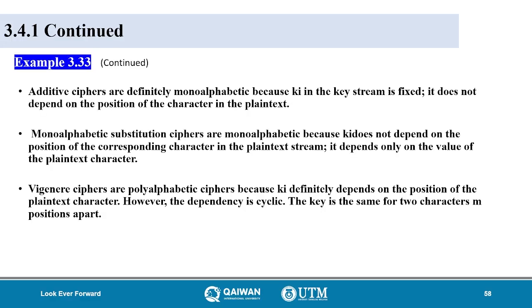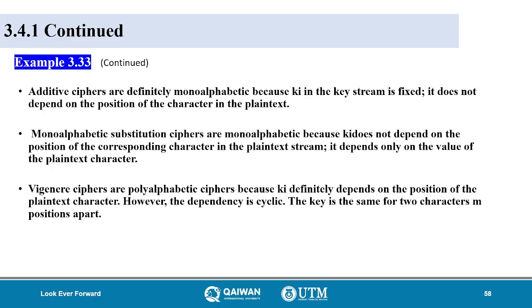Example 330, additive ciphers are definitely monoalphabetic because the key ki in the key stream is fixed. It does not depend on the position of the character in the plain text. Monoalphabetic substitution ciphers are monoalphabetic because the key does not depend on the position of the corresponding character in the plain text stream.